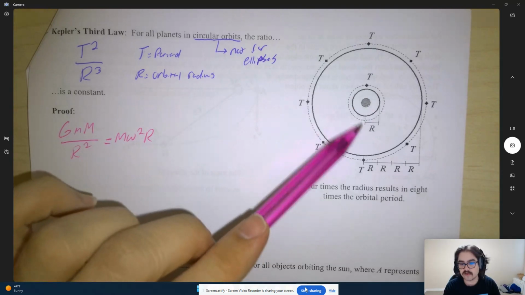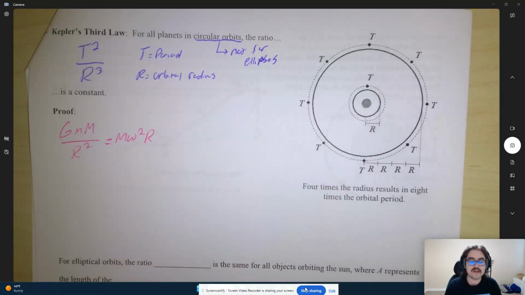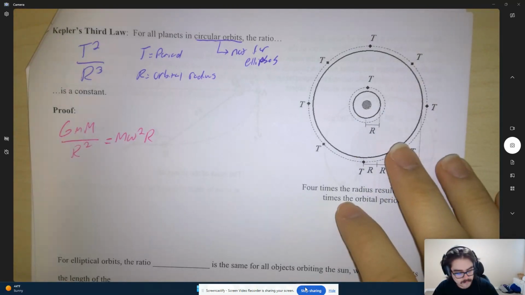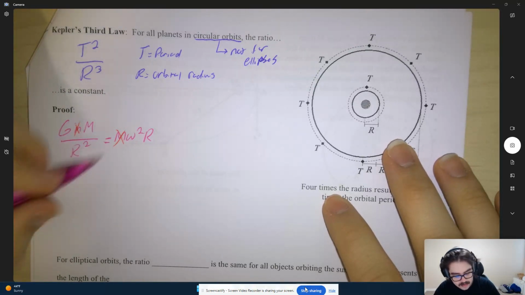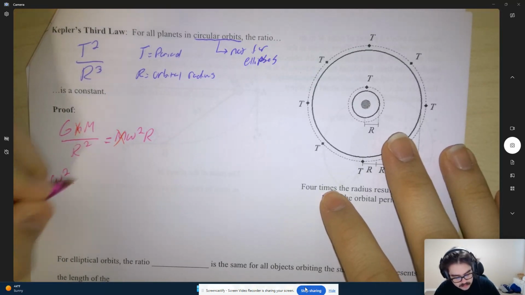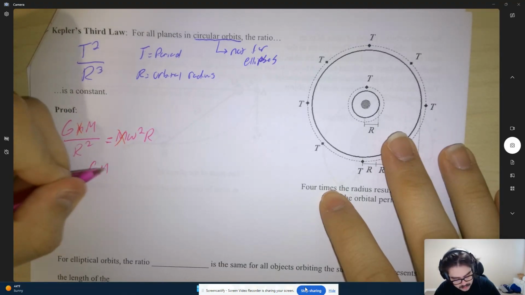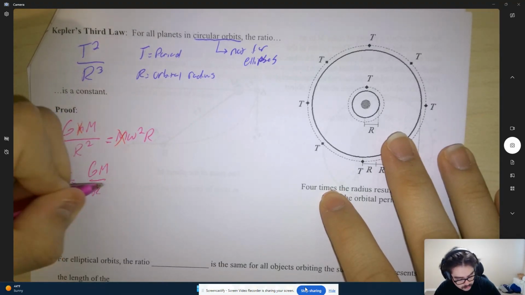It doesn't matter if you're radius r away or 4 times r. I can cancel out my little m's, and then divide the r onto the other side to give myself r cubed. That gives me omega squared is equal to G big M over r cubed.